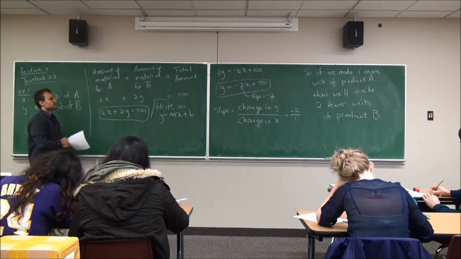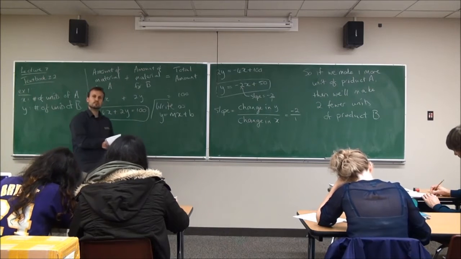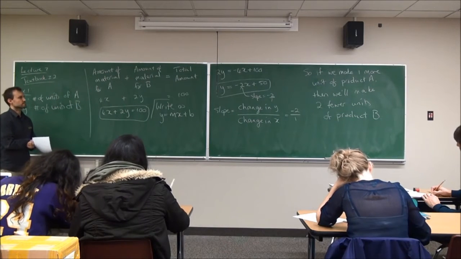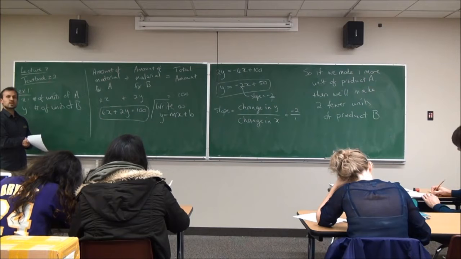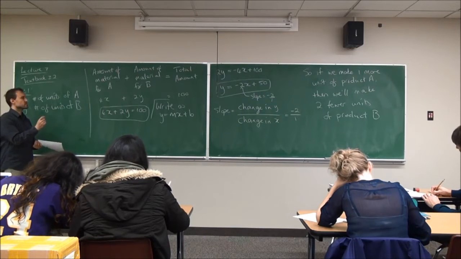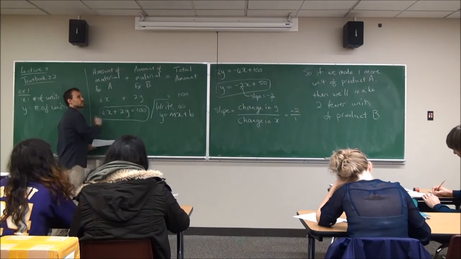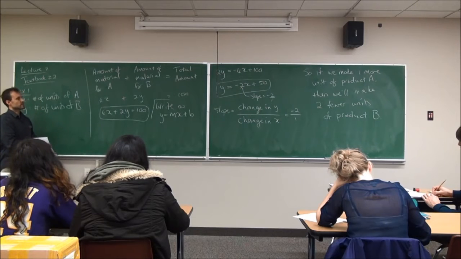Is everyone happy with how we interpret the slope? It's probably one of the most important things. Interpreting the slope. If one variable changes, how does the other one change with it? Any questions on this?